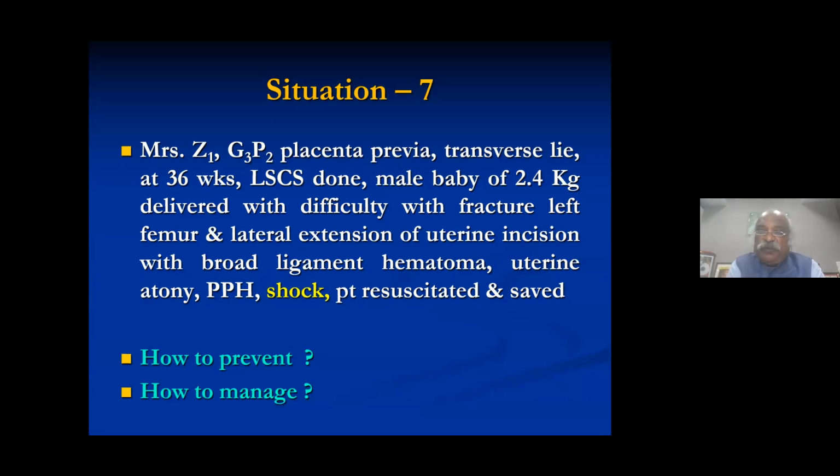A male baby of 2.4 kg was delivered with difficulty, with fracture of the left femur of the baby, not of the gynecologist, and lateral extension of the uterine incision with broad ligament hematoma, uterine atony, PPH, shock, and the patient was resuscitated and saved. This is an example where intraoperative shock was there and you created that. It is definitely because of faulty delivery. How to prevent and how to manage?